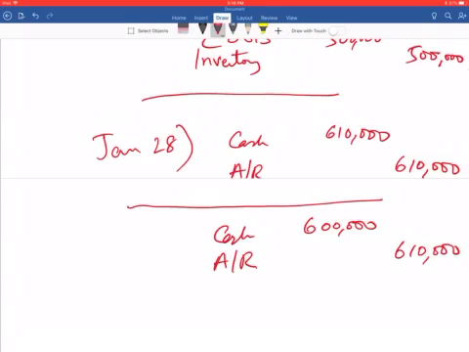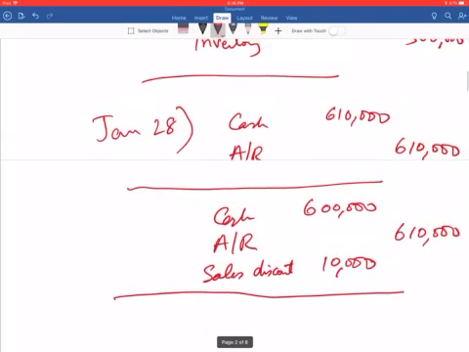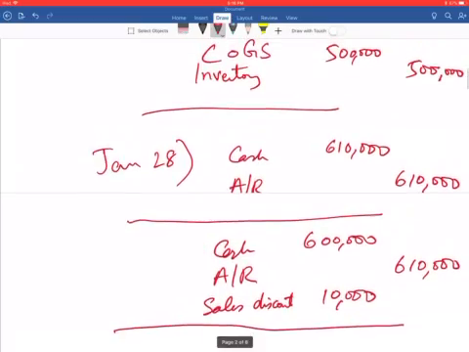That debit is something called sales discount. This will show up as part of the income statement, and it impacts the sales account. So here we do take care of things that don't happen according to the assumption under the gross method.